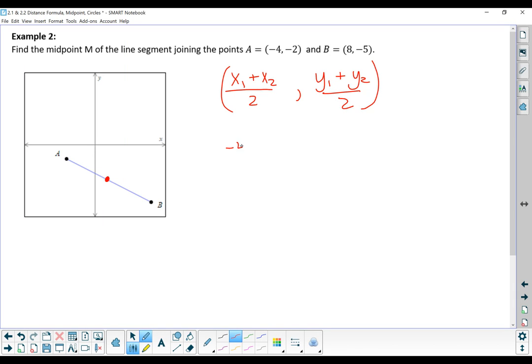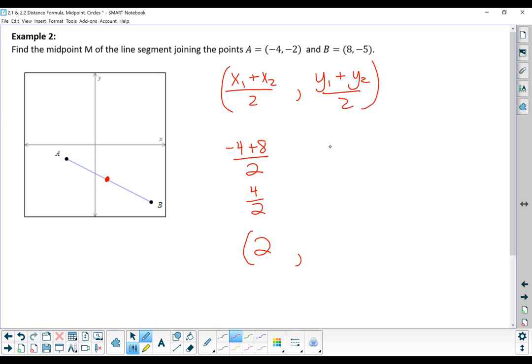So the x's are -4 and 8. So if we average those, we get 4 halves, which is 2.